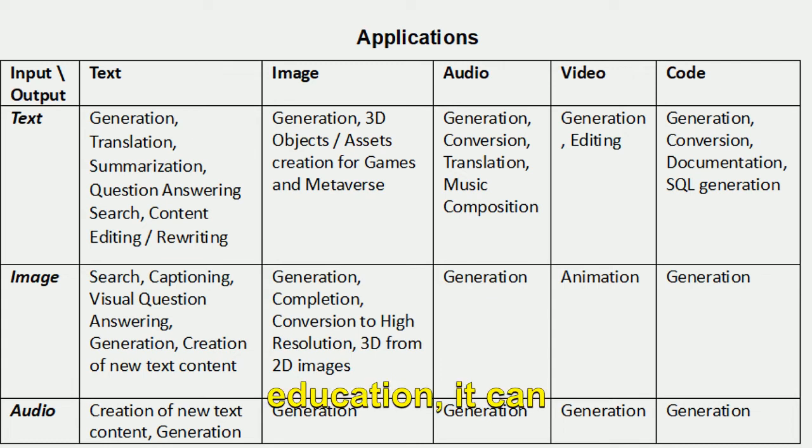In education, it can improve education by providing students with personalized learning experiences and creating interactive educational content. In product development, it can be used to generate new drug candidates, design new materials, or create new software features.